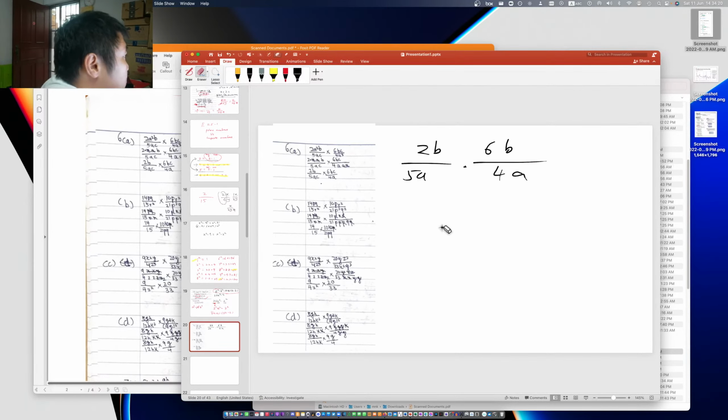Plus, I see 6 and 4. They are composite numbers. When they are composite numbers, what do I need to do? Split them further, right? So can you continue from here?